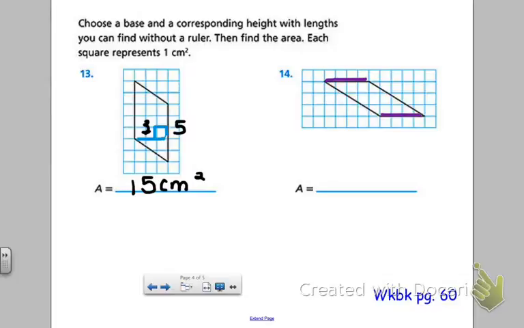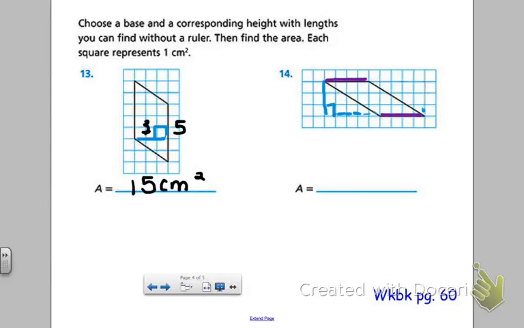This is going to be one of those parallelograms where I'm going to have to draw the height line outside the parallelogram. So maybe I'll draw it out here and I'll extend the base out so that you can see that 90-degree intersection. Or you might want to do it over here. This side would work too. You can make that your height line and extend your base at the top. It doesn't really matter which one you choose.